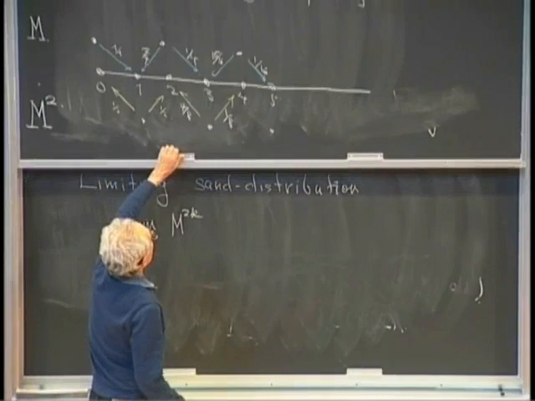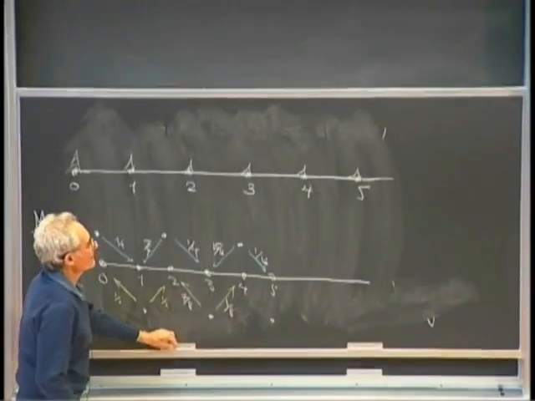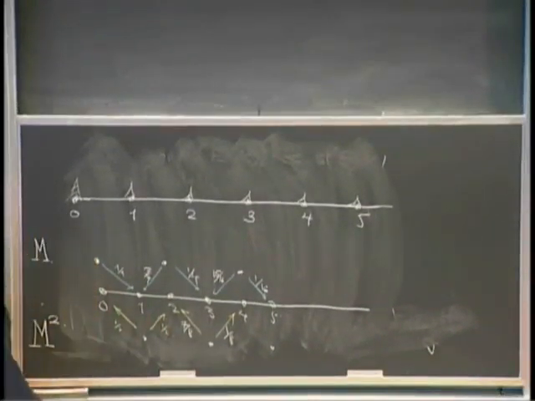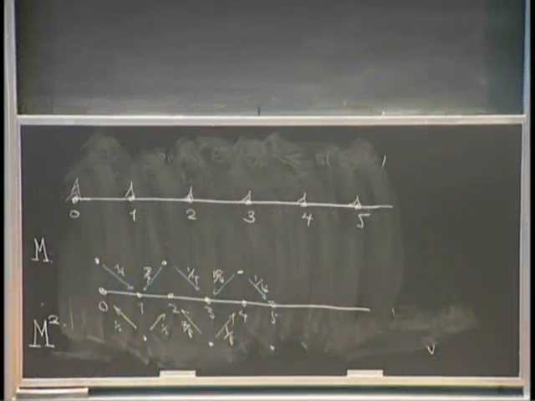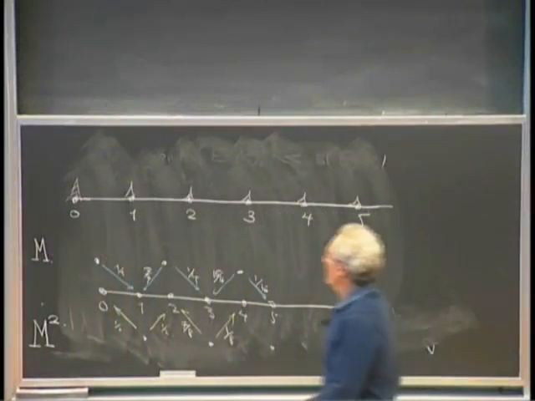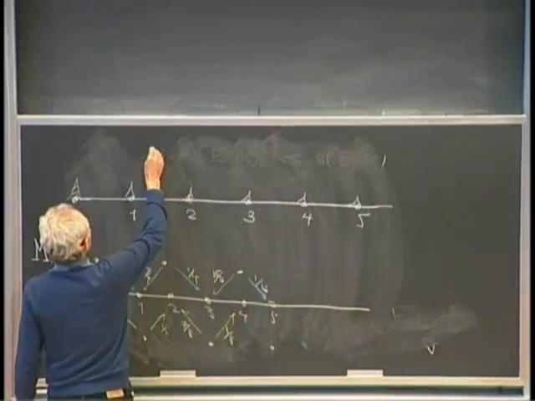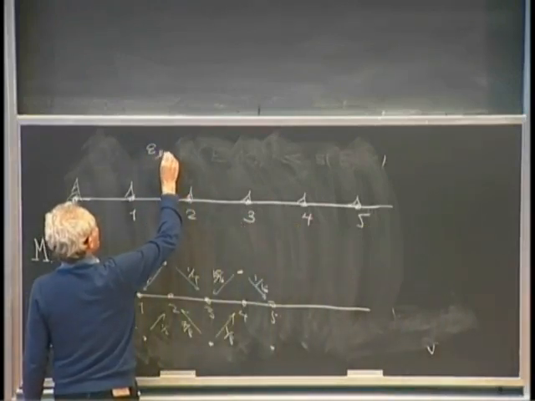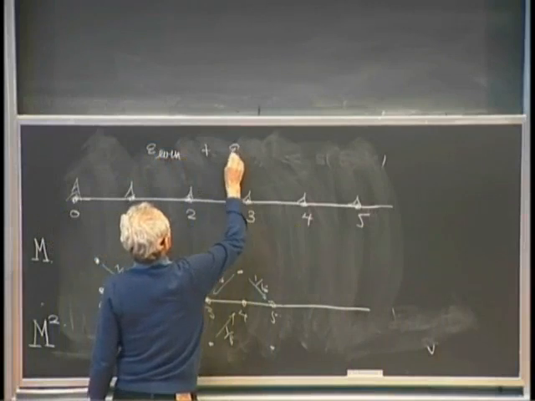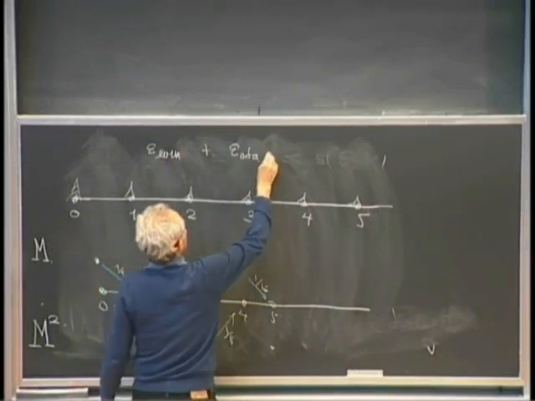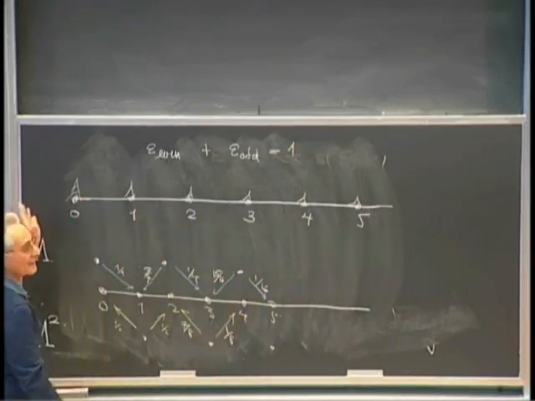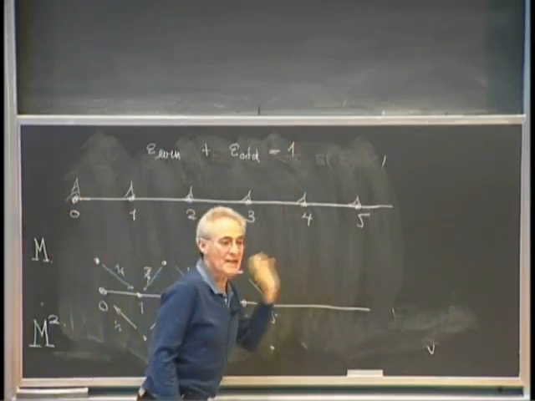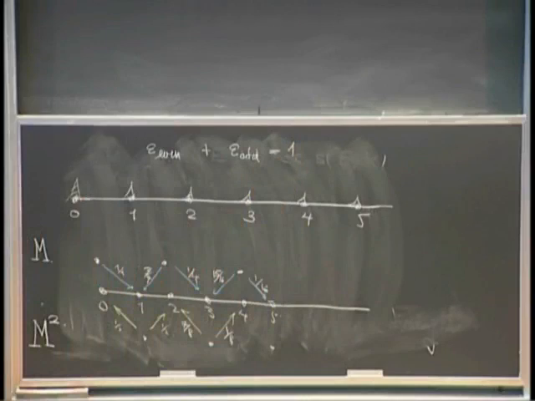Now, since the odd and the even are playing such different roles, and let's assume that the total mass is 1, let's introduce the two numbers, epsilon even and epsilon odd, to be the mass that's on the even stations and the mass that's on the odd stations. And of course, their sum is 1 because I've normalized it to be 1.